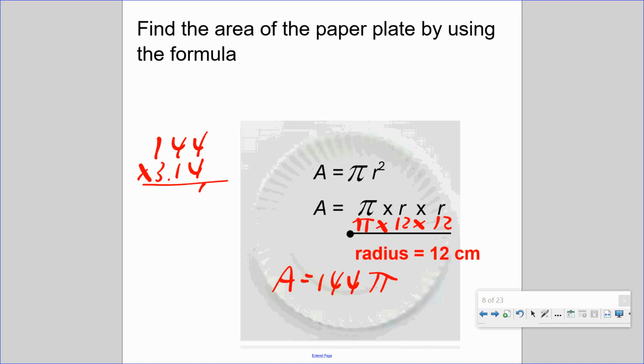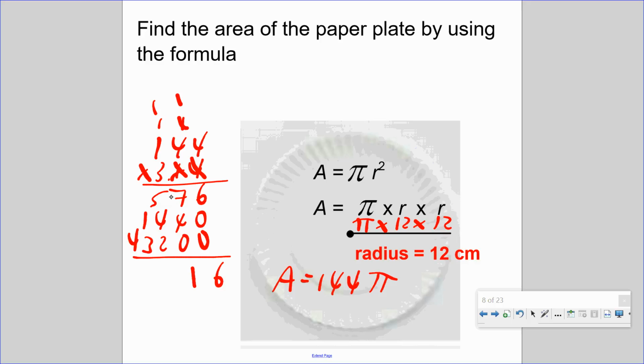So 4 times 4 is 16, carry the 1. 4 times 4 is 16 plus 1 is 17, carry the 1. 4 times 1 is 4 plus 1 is 5. Placeholder. 1 times 4 is 4, 1 times 4 is 4, 1 times 1 is 1. Double placeholder. 3 times 4 is 12, carry the 1. 3 times 4 is 12 plus 1 is 13, carry the 1. 3 times 1 is 3 plus 1 is 4.